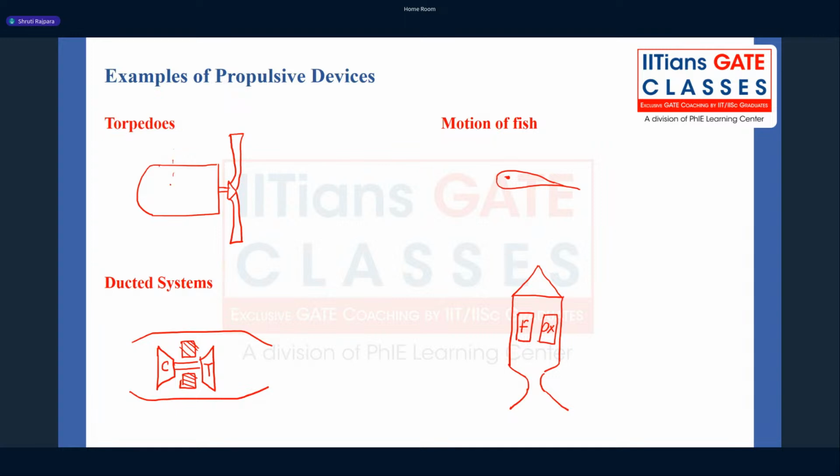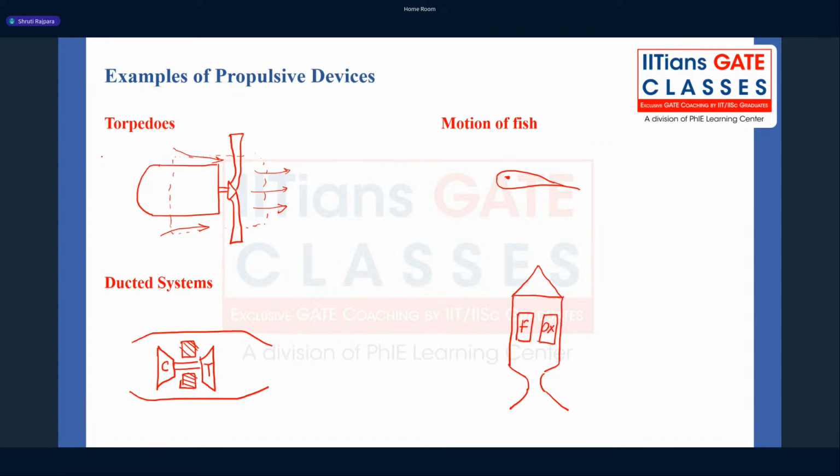So here, let us consider a small control volume. This dotted rectangular box is the control volume that I'm considering. Here what happens is, due to the motion of the propeller blades, the fluid is being sucked in from all the directions, and then it is getting sucked out of the control volume.